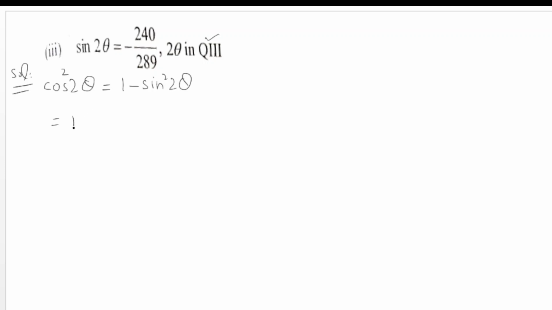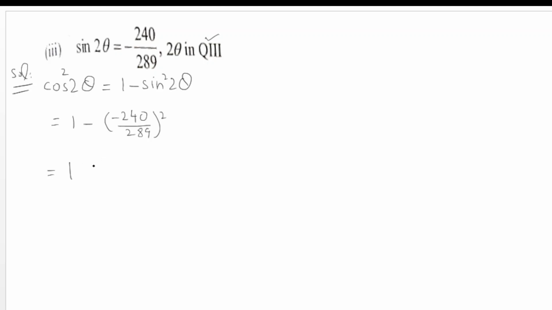So 1 minus sine square 2 theta will be negative 240 by 289. Here the square is given already, so I will write the square root now here, or don't write the square root if you don't want to on the last step. Okay, I will find the square root and then I will put it here. So now I will solve.